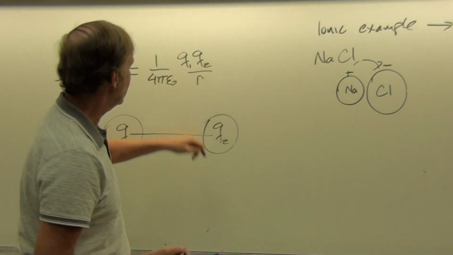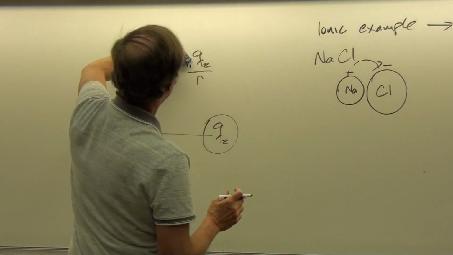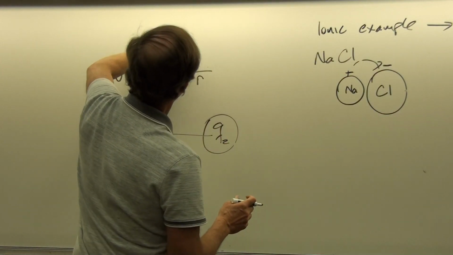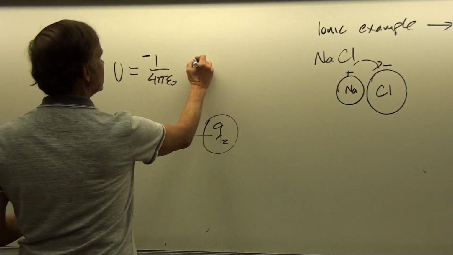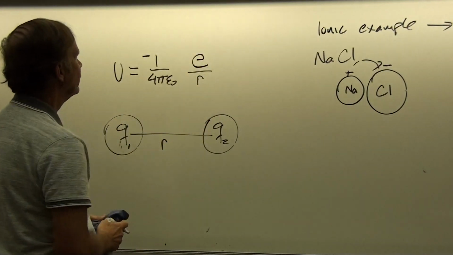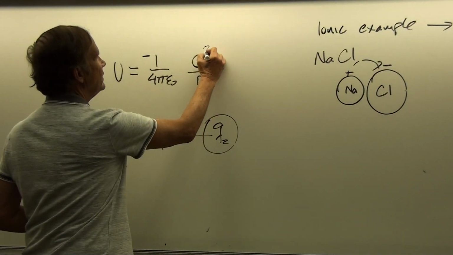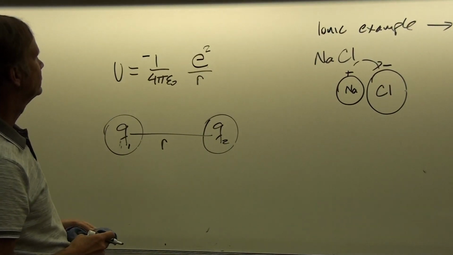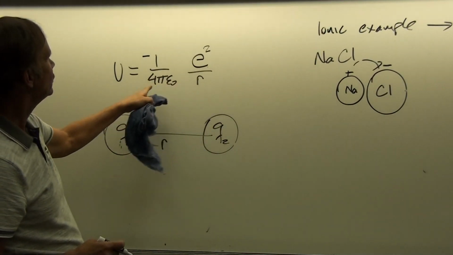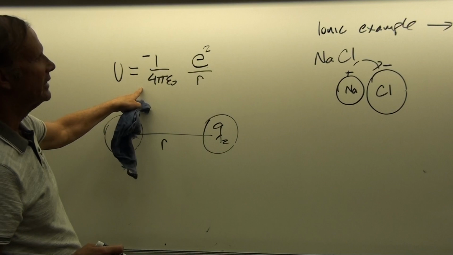Okay, and so the charges here are going to be, one is going to be plus e, one's going to be minus e. So this is going to look like minus 1 over 4 pi epsilon naught times e squared over R. Okay, and so that's going to be the general expression for potential energy.